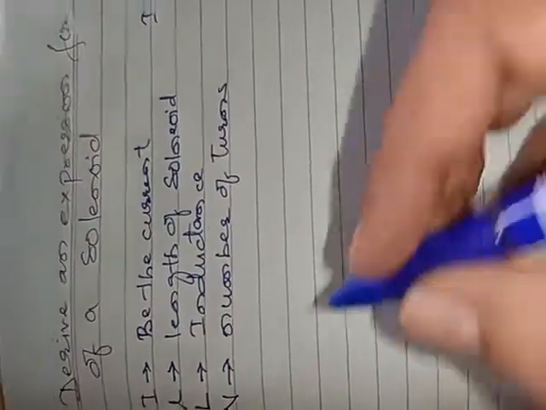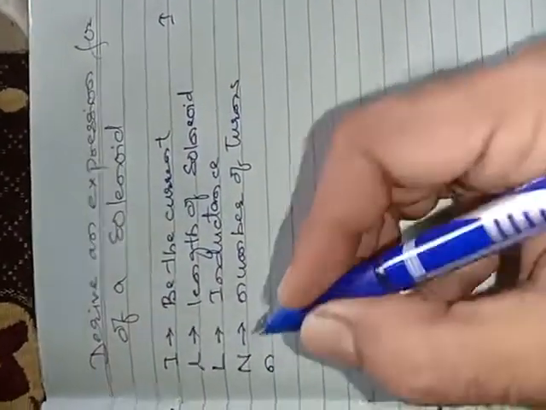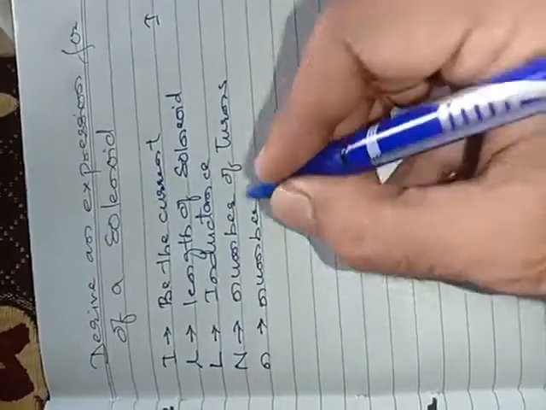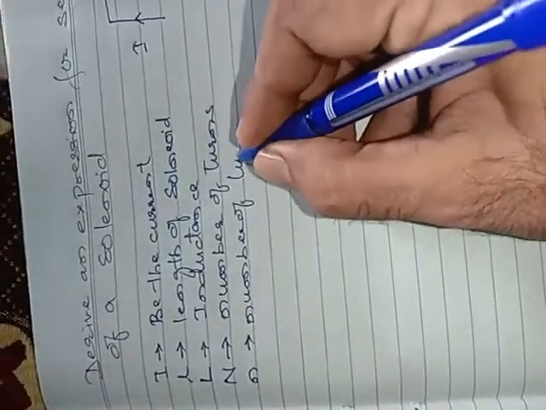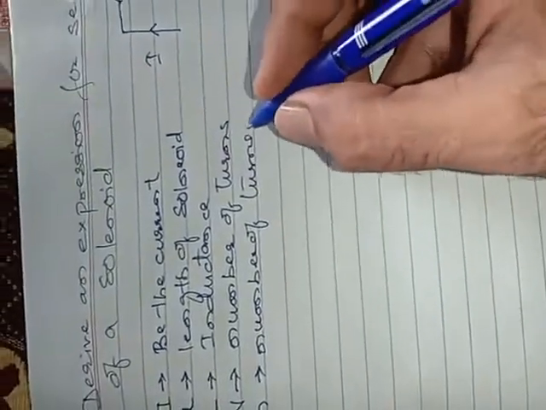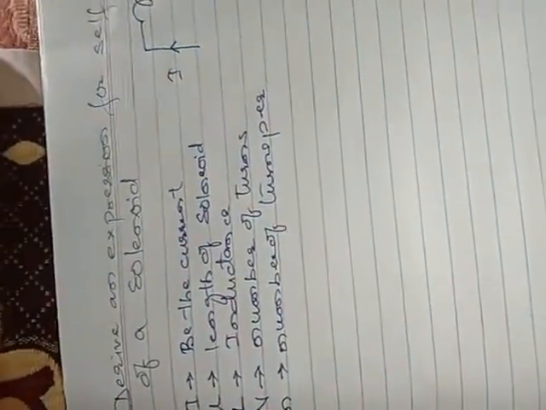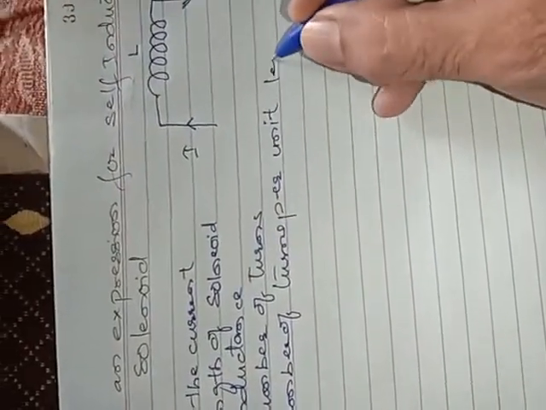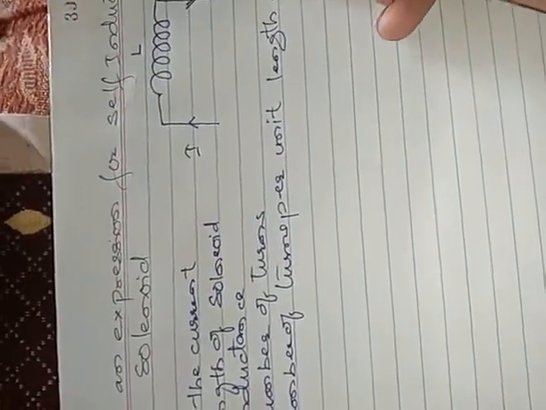Okay, and what is the small n? Small n is the number of turns per unit length of the solenoid.